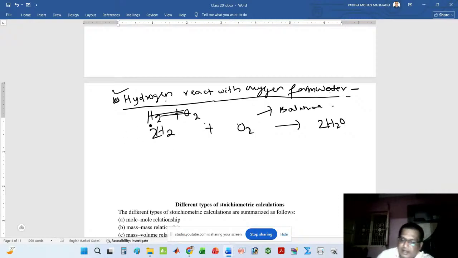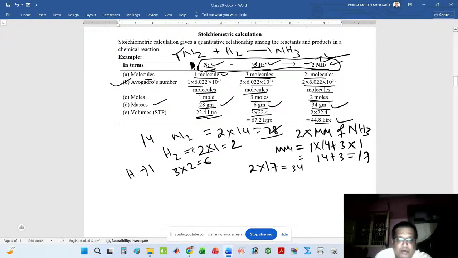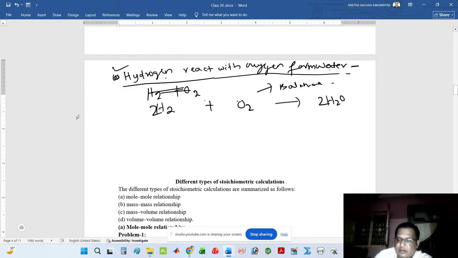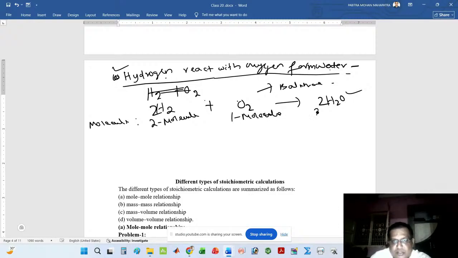Suppose I want to make a relationship between the reactants and product in terms of molecules. Here you can say two molecules of hydrogen combine with one molecule of oxygen, then two water molecules are formed.